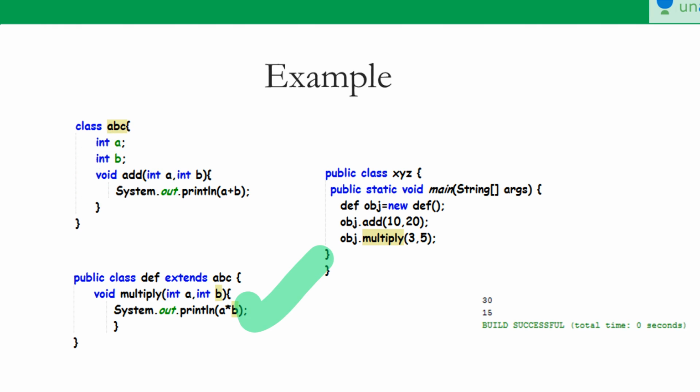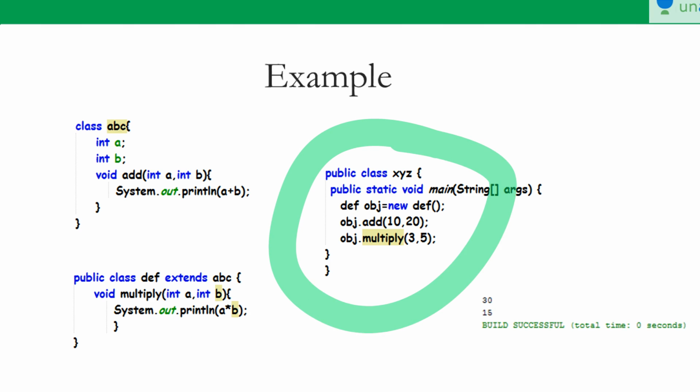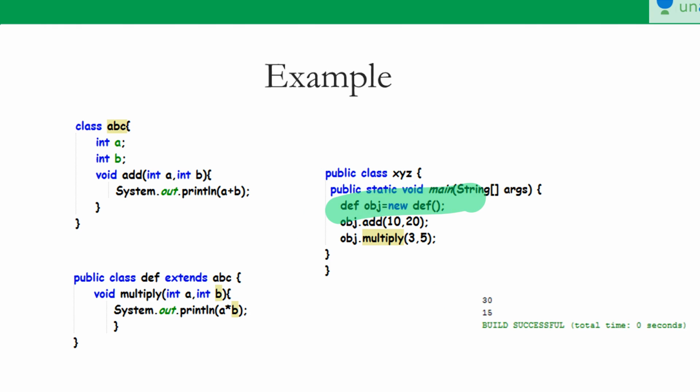It means that DEF will have the A, B and add method inside it, and it is going to add one more method whose name is multiply. Now we have created another class called xyz, inside which I am creating the object of the DEF class. Why am I creating the object of the DEF class? If I want to access add and multiply, why do I have to create the object of the DEF class?